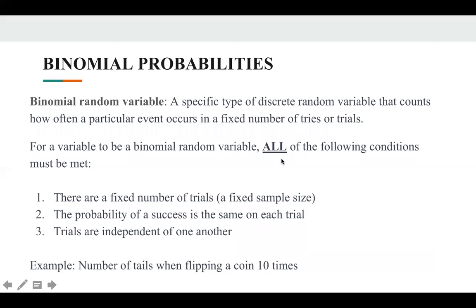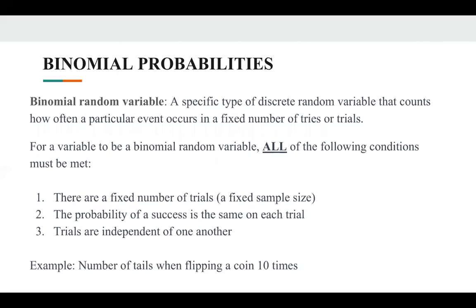So binomial probabilities are based off of binomial random variables, which are types of discrete random variables that count how often a particular event occurs in a fixed number of trials.